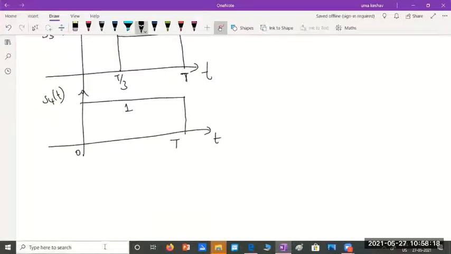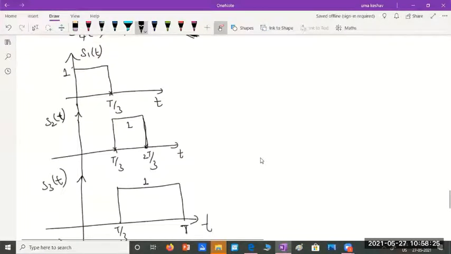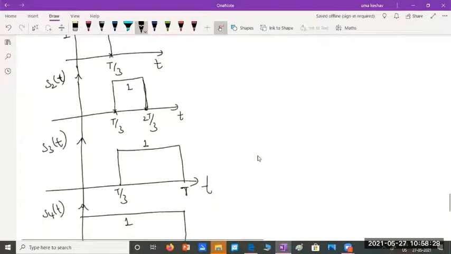Okay. Now looking at this, can you tell me how many linearly independent signals will be there? If you compare this, can you express one as the sum of others? Can any one signal in this be dependent on the other signals? Look at these waveforms and tell me. Quickly.